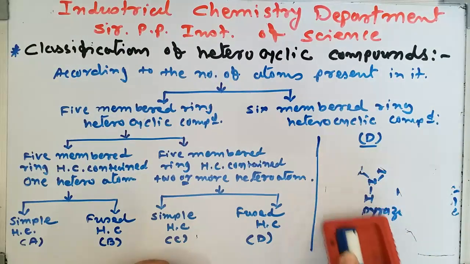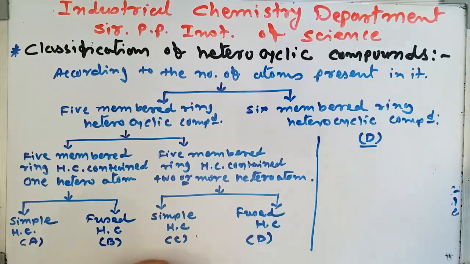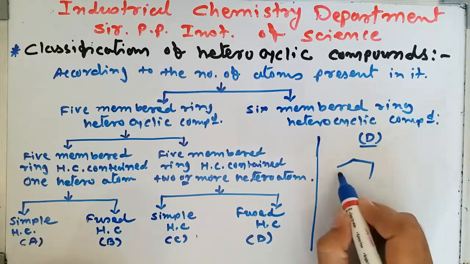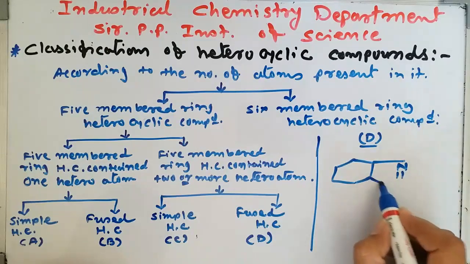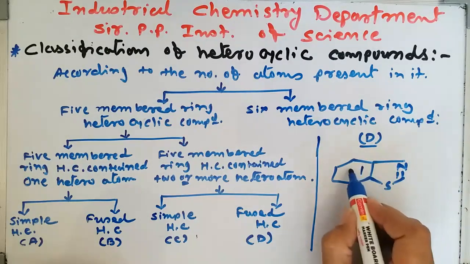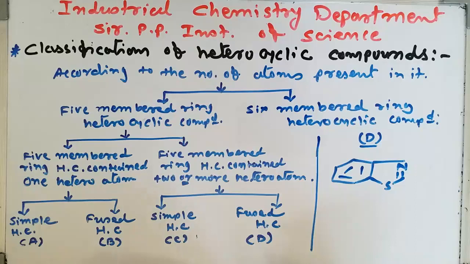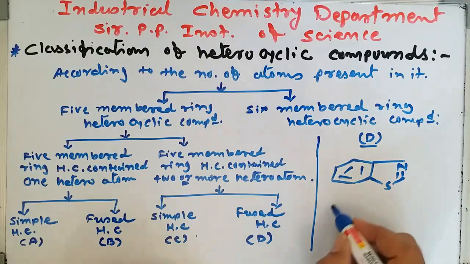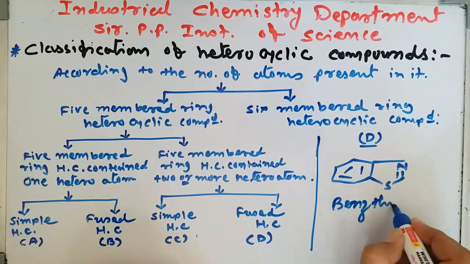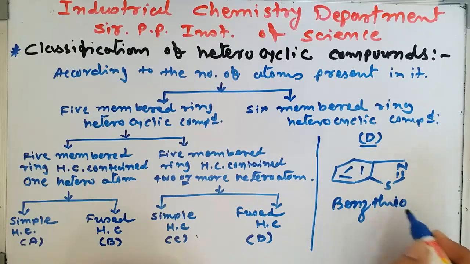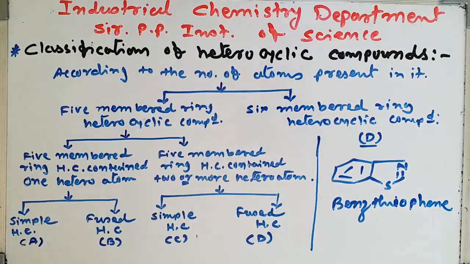If we change the heteroatom instead of nitrogen, if sulfur is present, then it is known as benzothiazole.